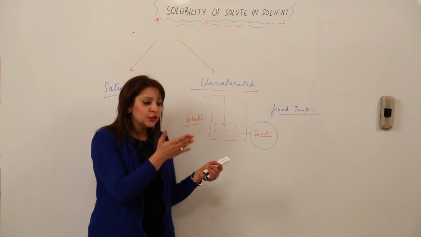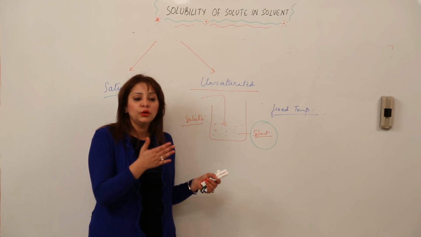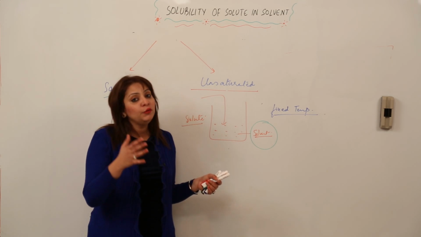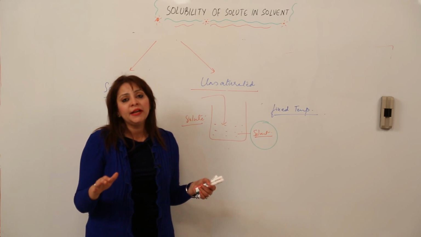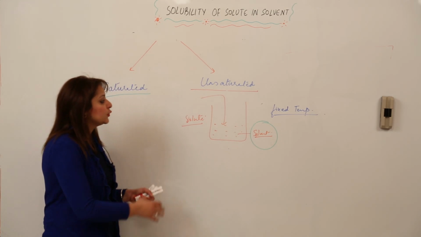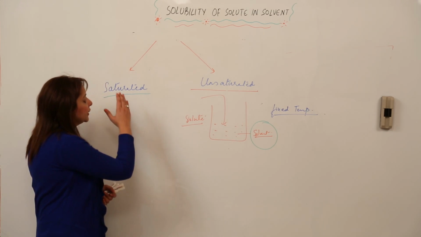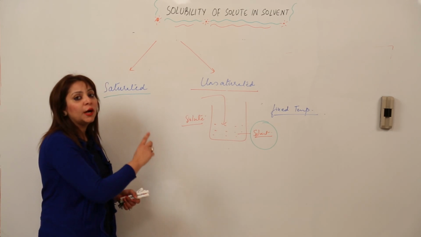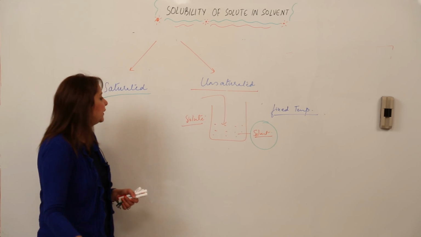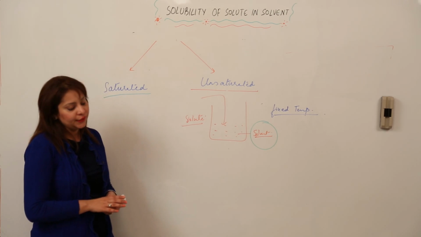After that, the solute particles keep on separating, and we can see them settle at the bottom, right? So the solution which can dissolve as much solute as we add is unsaturated, and the solution which can dissolve solute only up to a certain extent at a given temperature is said to be saturated.